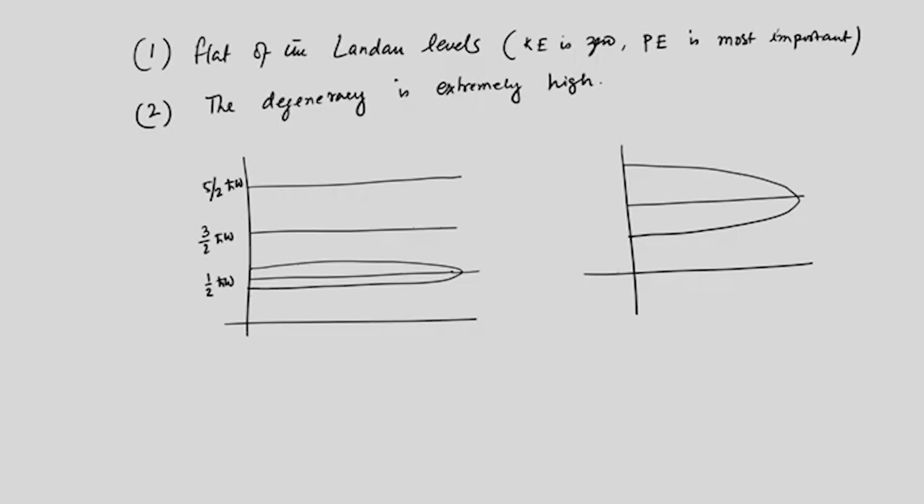The Landau level energies, or the spacing between the Landau levels, is known as h cross omega c, and it is much greater than, let us call it E c, where the c refers to the Coulomb interaction between the electrons, and this is much greater than the disorder.